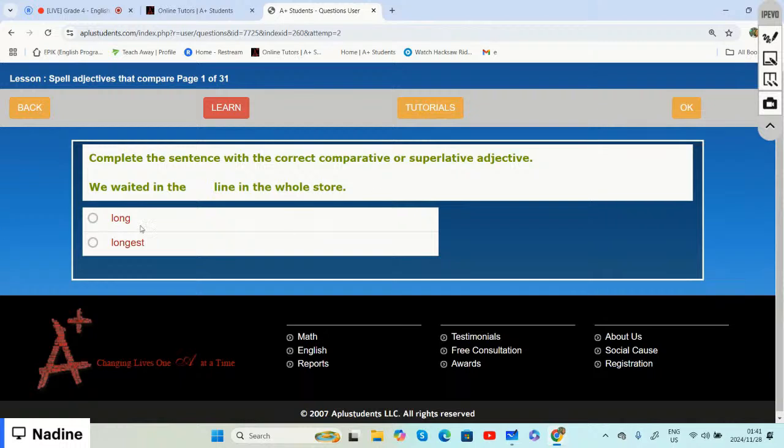All right. It says we waited. Do we say we waited in the long line in the whole store? Or do we say we waited in the longest line in the whole store? Which one is correct? In the long line, option one, or the longest line, option two?